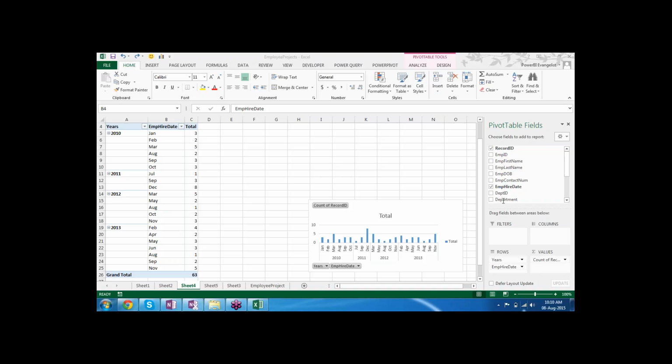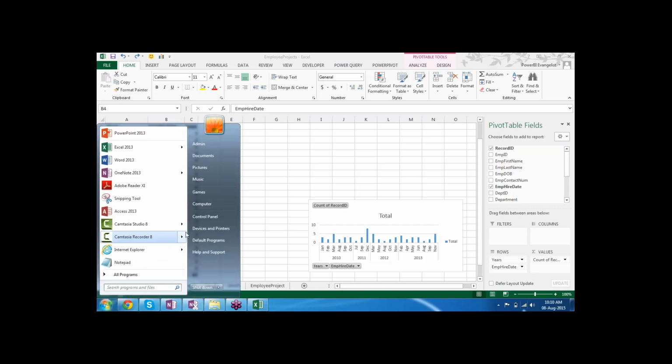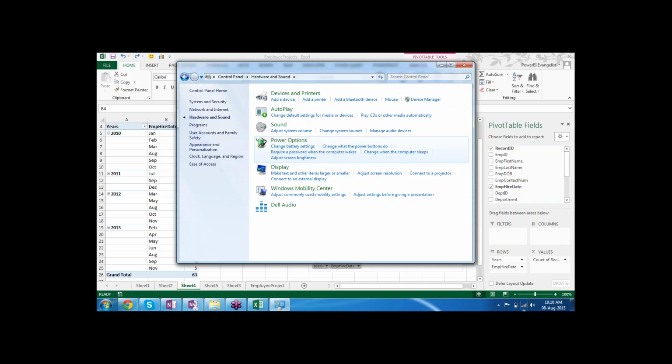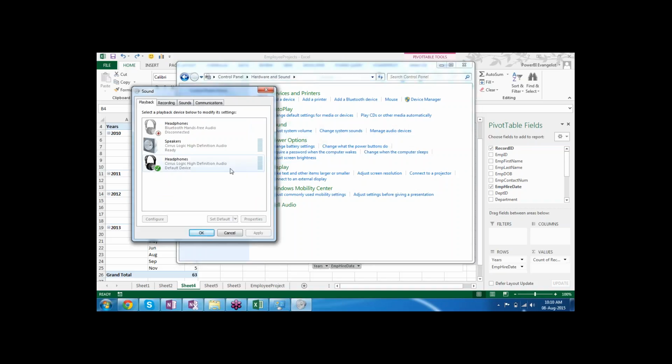Just check the sound settings in case anybody is having any issues. Connectivity and the sound settings, just check that. It should be absolutely fine, and it is fine with all other participants. Anybody who is having any issues with the video or audio, try to check the settings. Go to the control panel. In control panel, you will see something called hardware and sound. Go to sound and see what your manage audio says.